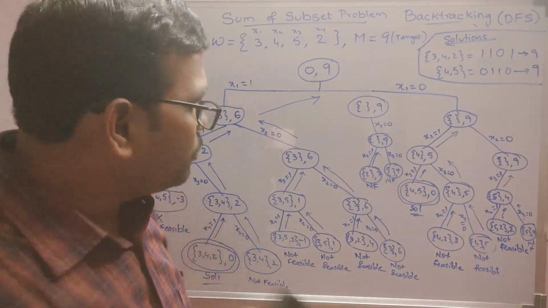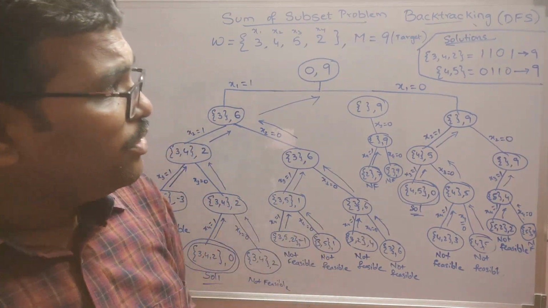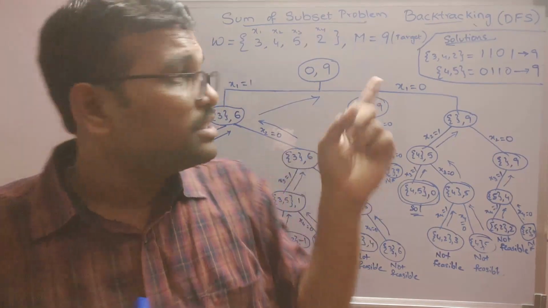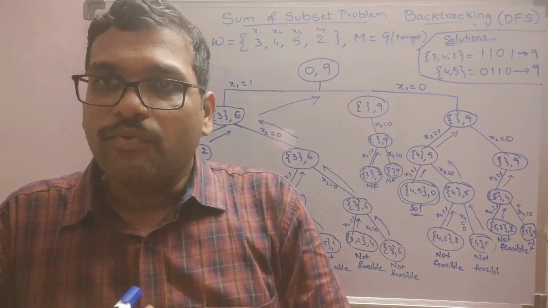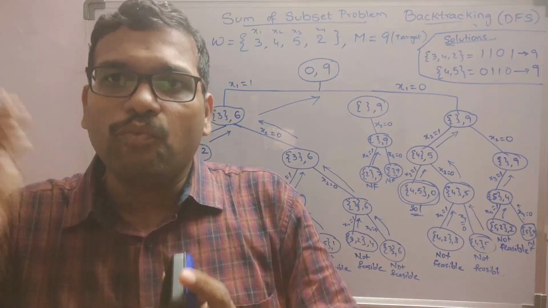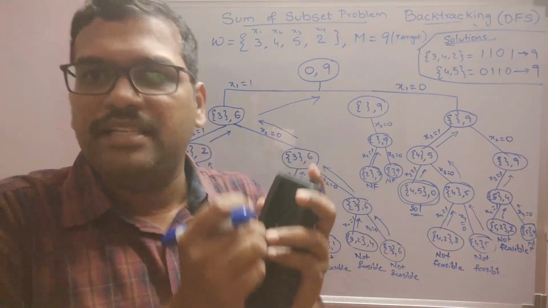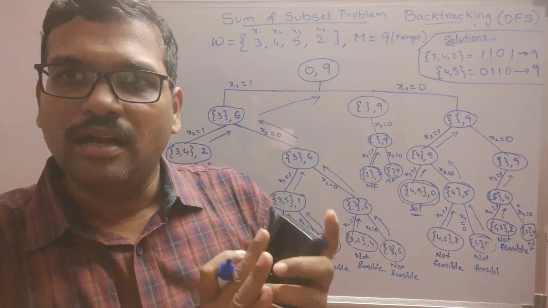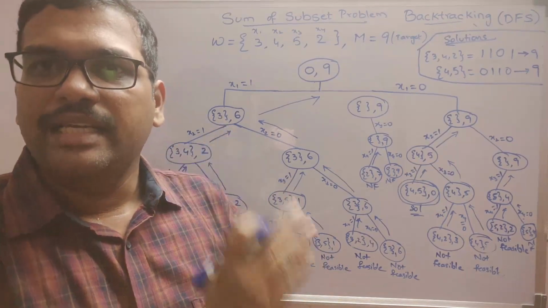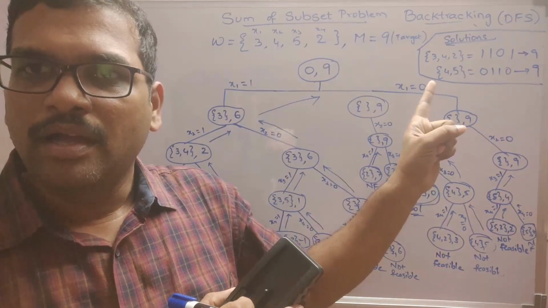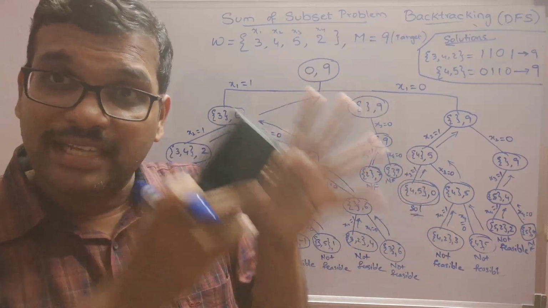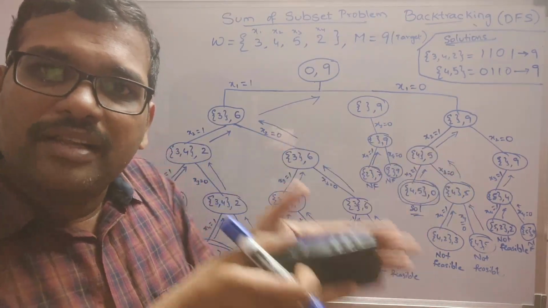So what are we doing? First we start with an empty set. We add one element to the empty set, and we check whether the sum of the subset is equal to the target sum. If it is less than the target, it can be further evaluated.